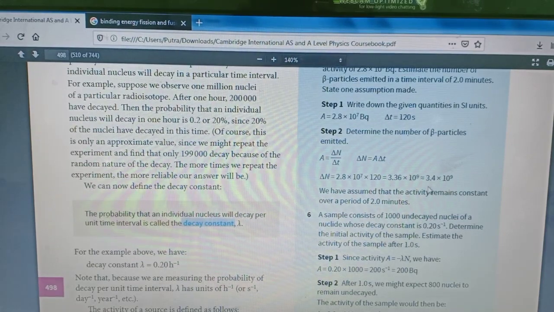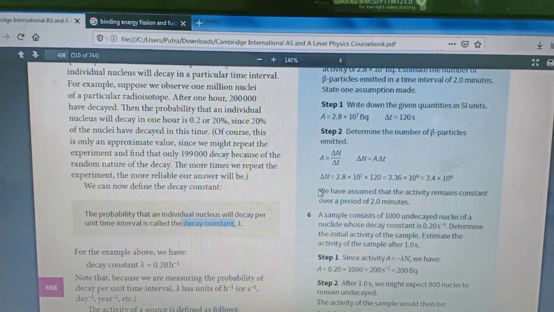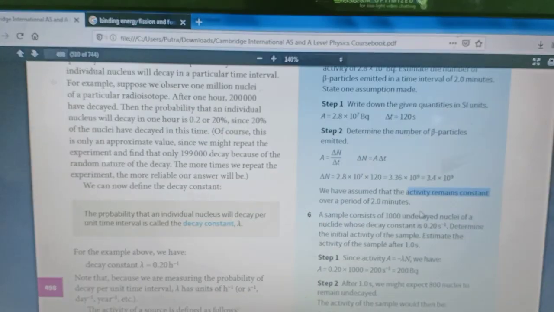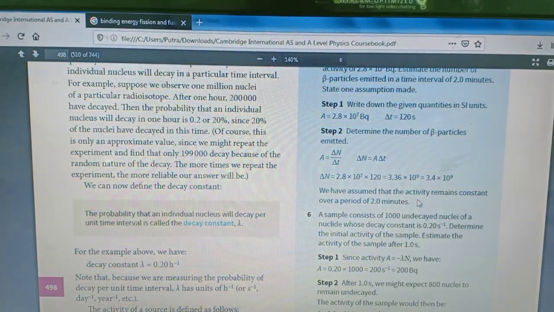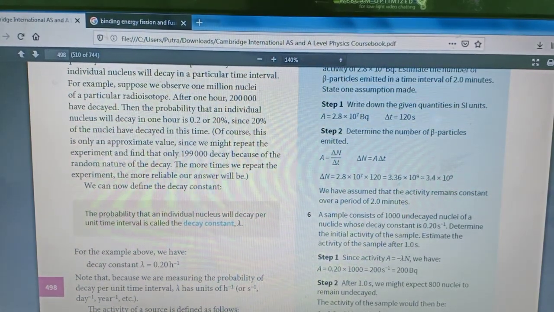Then you will get 3.4 times 10 to the power of 9 beta negative emissions. Our assumption is that within those 2 minutes, the activity will remain constant. If the activity does not remain constant during those 2 minutes, then we cannot calculate the number of beta minus particles emitted.